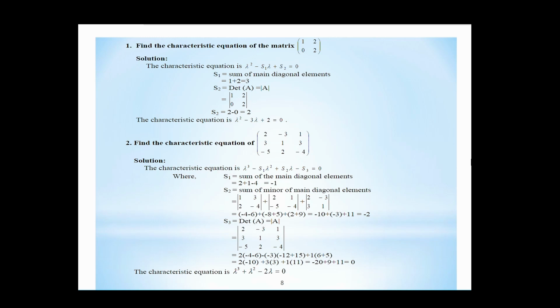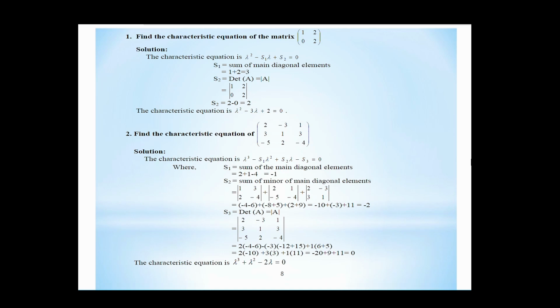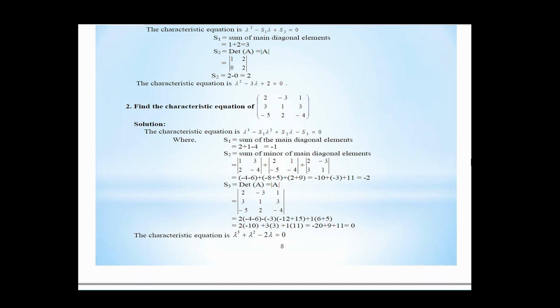The determinant of the given matrix is 2 minus 0 equal to 2. Substituting S1 equal to 3 and S2 equal to 2, the characteristic equation becomes lambda squared minus 3 lambda plus 2 equal to 0.